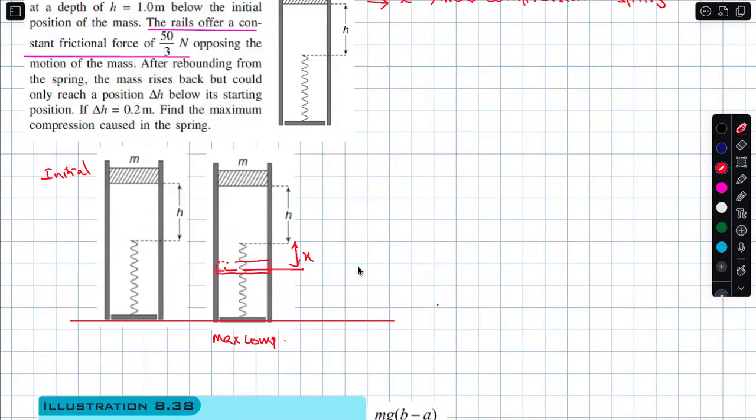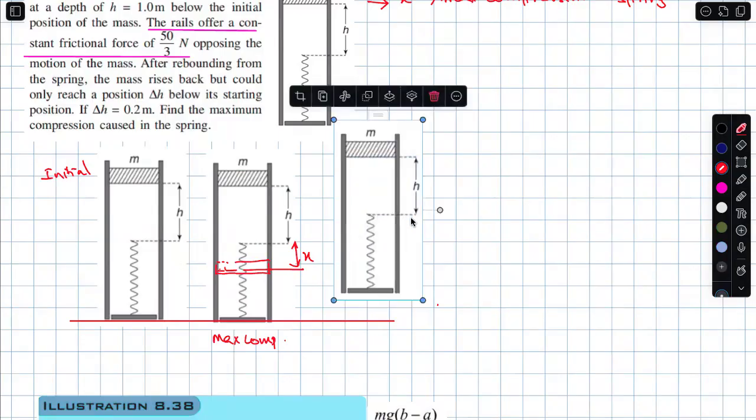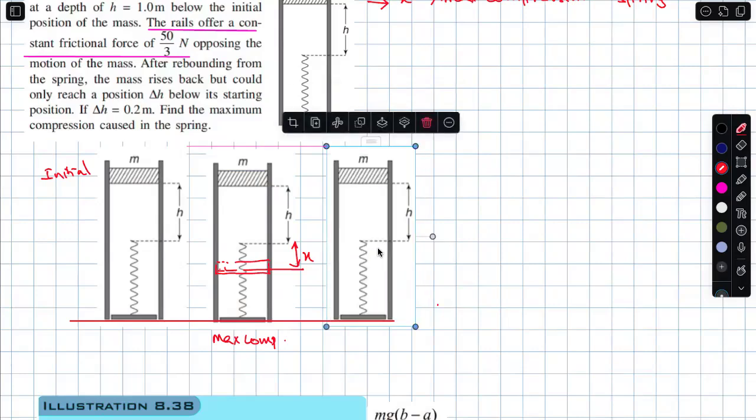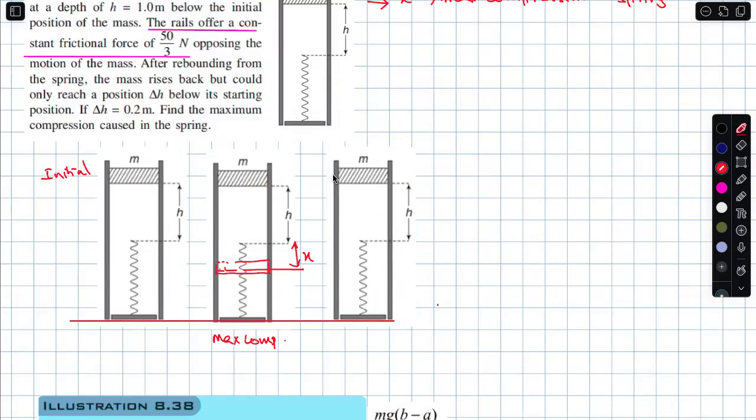And again you are reaching back to a situation somewhere over here, delta H. That is the final state.